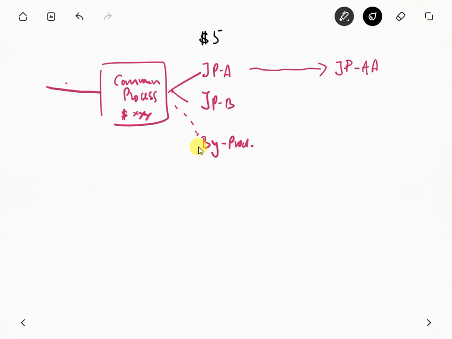If you sell at JPA for $5, you can further process from A to AA at a cost of 3, after which you can sell it for 10. Will you decide to further process so that you sell at JPAA, or just remain at JPA?